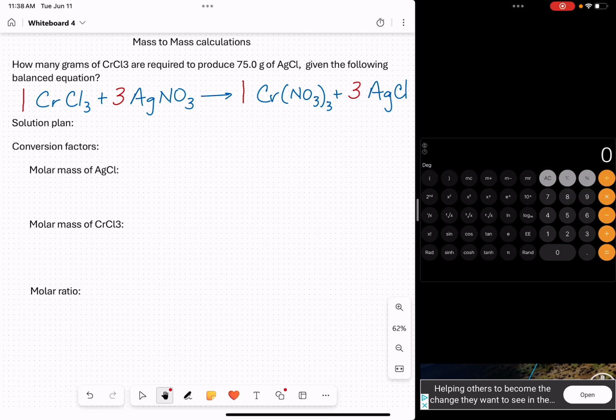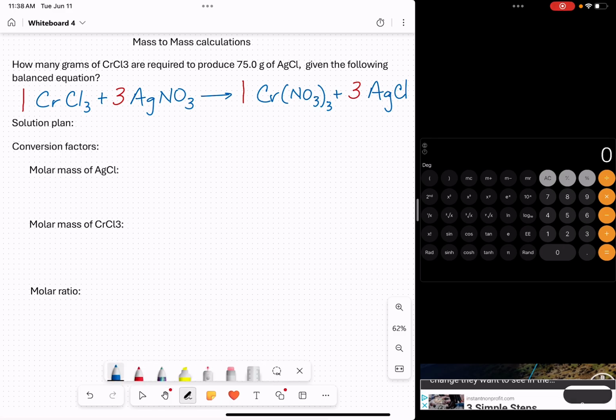So the substances that we are interested in are silver chloride and chromium 3 chloride. So we are going to be dealing with the coefficient of 1 in front of the chromium 3 chloride and the 3 in front of the silver chloride.